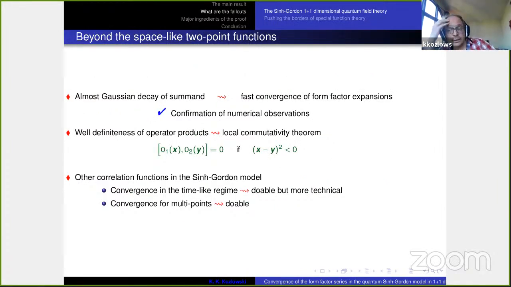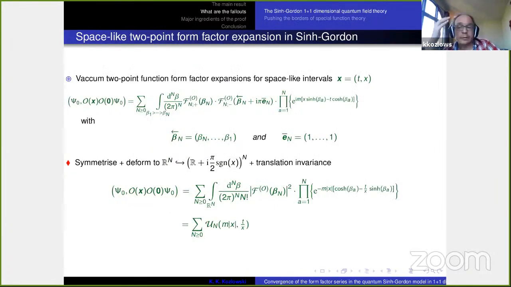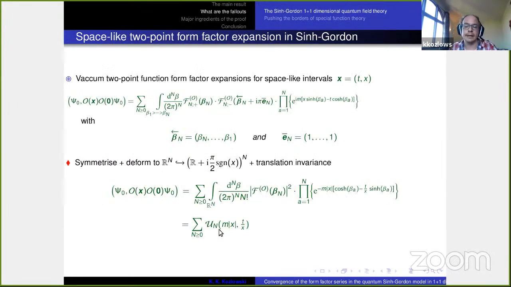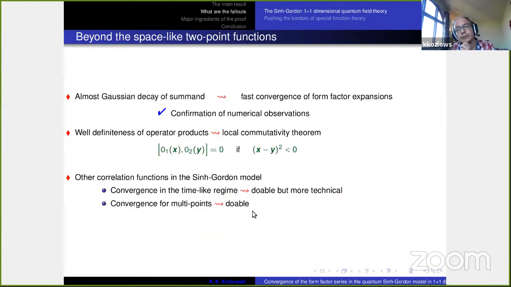In the theorem I showed some technical assumptions on the functions P_n. But actually, these technical assumptions seem to be always verified by the classes of P functions which are used in the Sinh-Gordon model. So what the analysis tells you first is that the n-th summand of this series basically decays with n like a Gaussian. So it means it's an extremely fast convergence of the form factor series.